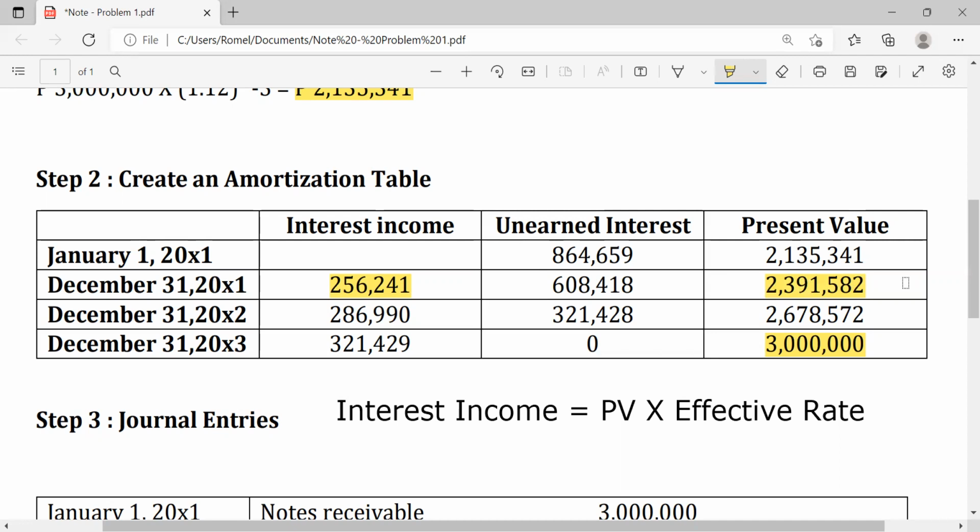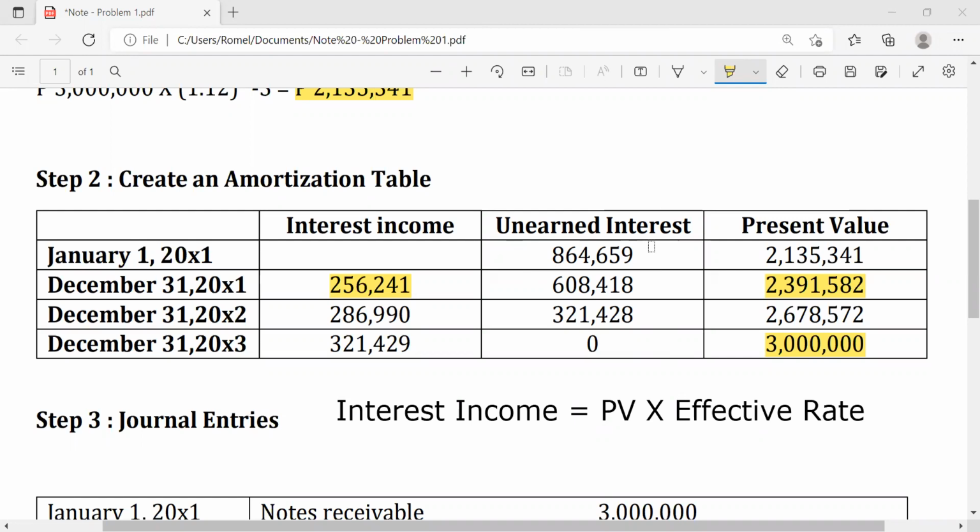So that's number one. And then number two, how about the unearned interest? What is the unearned interest? The unearned interest is the implied interest of the note. And what happens is, kung napapansin nyo, unearned interest decreases. Bumababa siya through time. Bakit bumababa ang unearned interest?